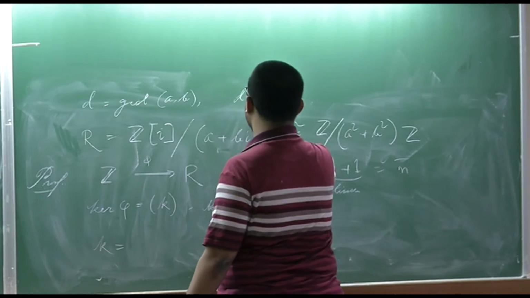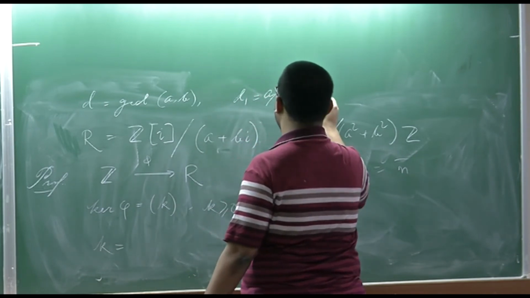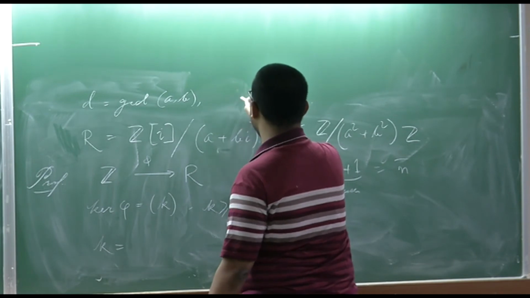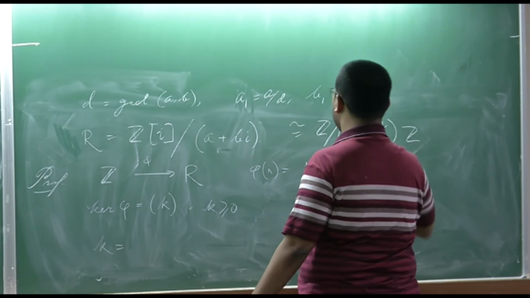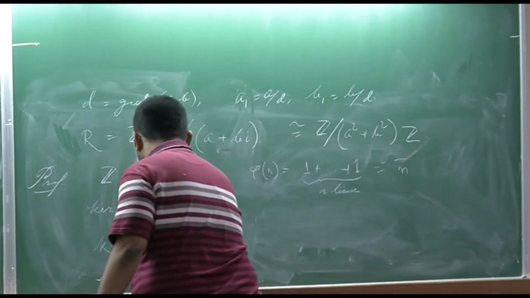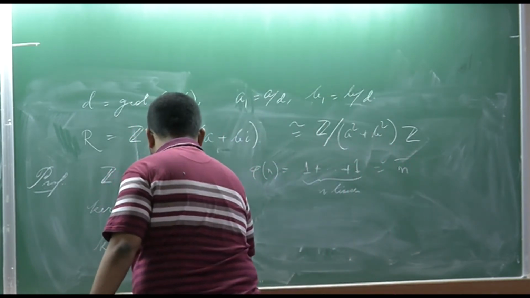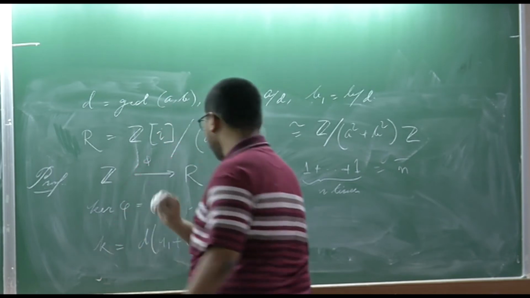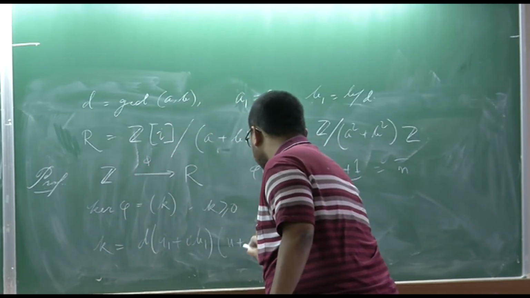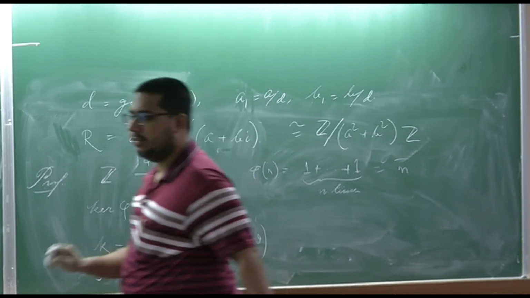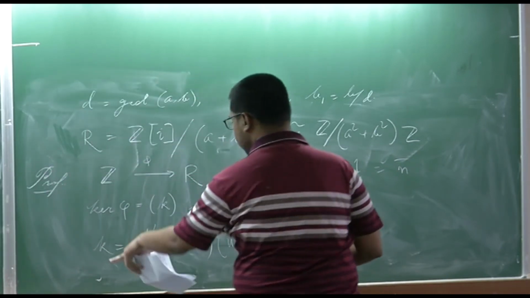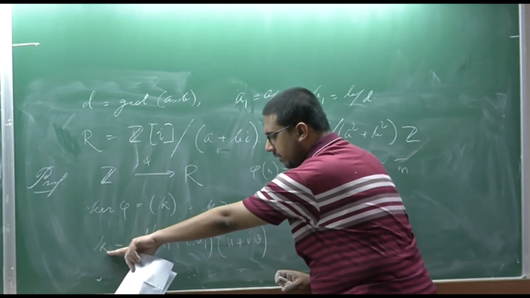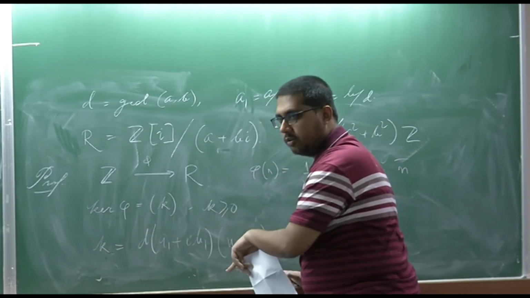So, let a1 be a by d and b1 be b by d. So, therefore, I can now write a plus ib as, okay, and with that some u plus iv, right. Then this is some integer, so the imaginary part of that is going to be 0.